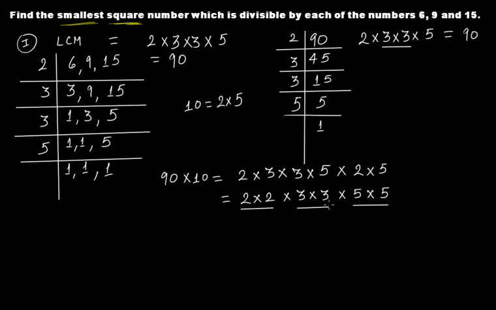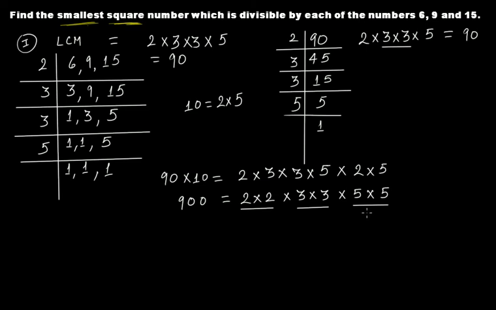We have made this one a perfect square, but what is this number actually? This is 900, right? Since we have multiplied 90 by 10, this 900 is a multiple of 90 that has now become a perfect square.